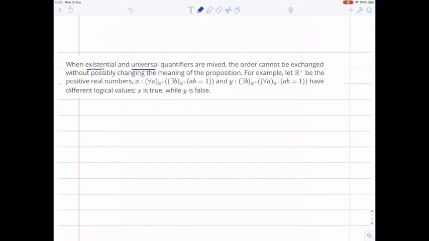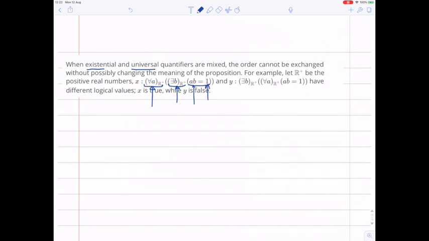Our first proposition is going to be: for all a in the positive real numbers, there is a b in the positive real numbers such that ab equals 1. Let's think about what this is saying. This is saying if I take any positive real number, I can find a b such that ab is equal to 1.